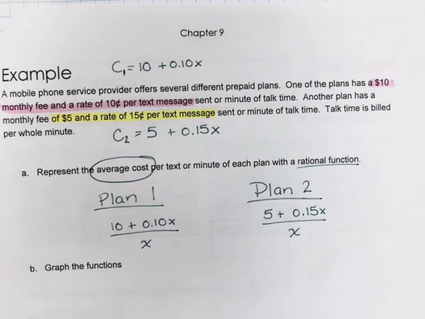Now you guys know how much you use your phone. So why did they switch? Because the red one gets more expensive after, or because it's cheaper? The red one after a certain amount of texts. So if we look down here, at least at 103 texts, we know that the red is going to be less expensive, right? There are a couple of important things to take from this.